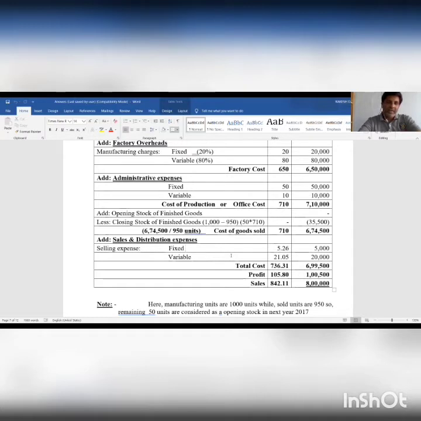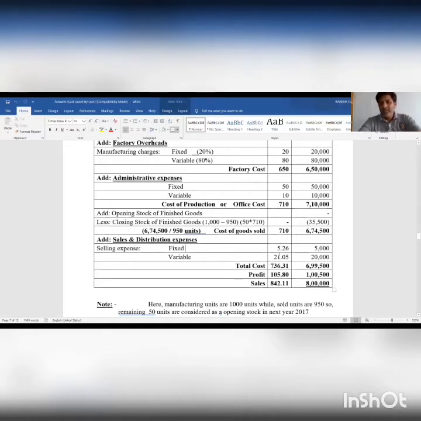As I said in the previous video lecture, sales and distribution expenses are always calculated for sales units only. Here manufacturing units are 1000 but sales units are only 950.